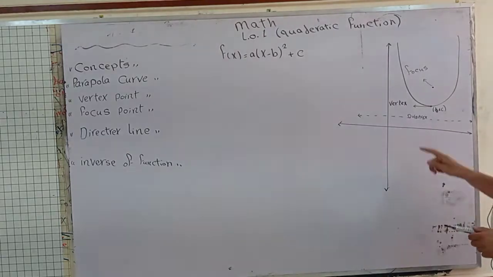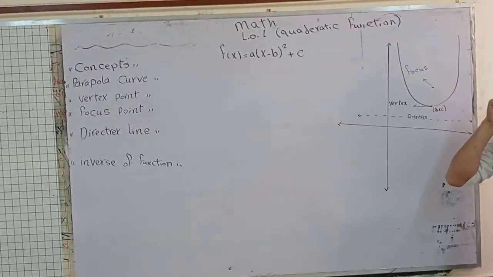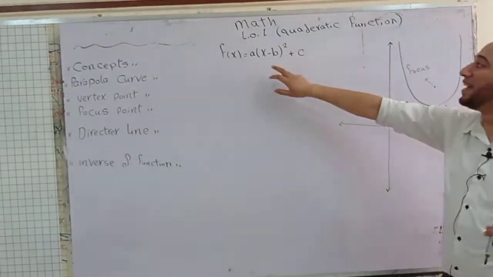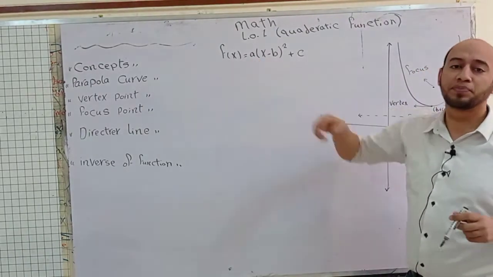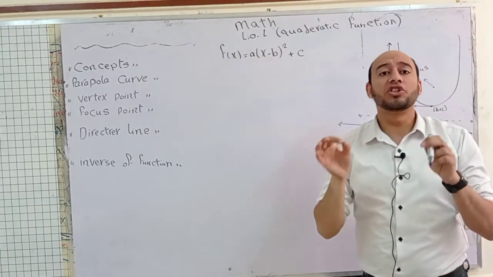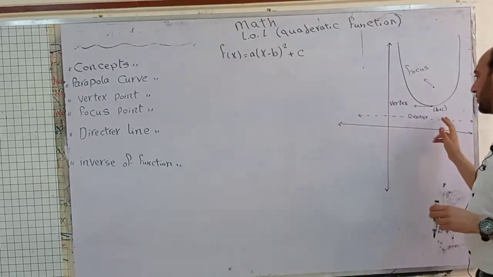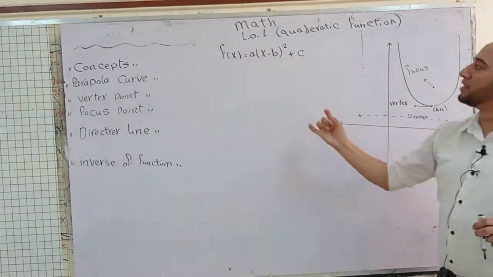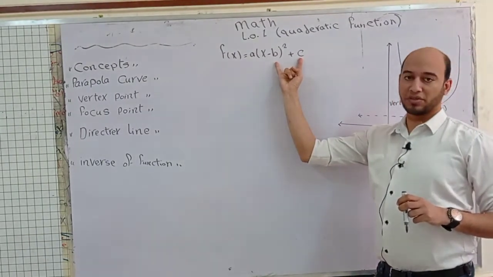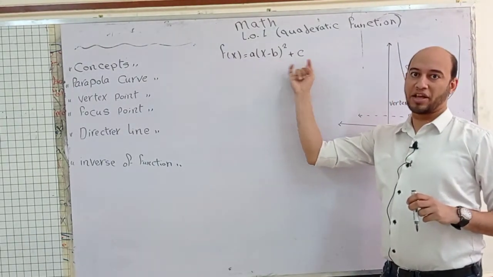Then the vertex point in this formula is b and c. We notice that the coefficient a doesn't change the vertex point. The vertex point depends only on these two values, b and c.